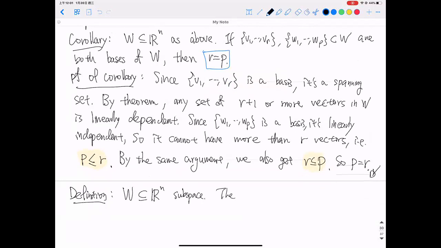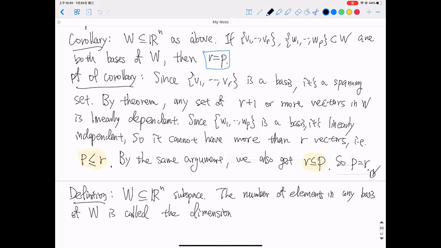The number of elements in any basis of W is called the dimension of W, denoted by dim W.